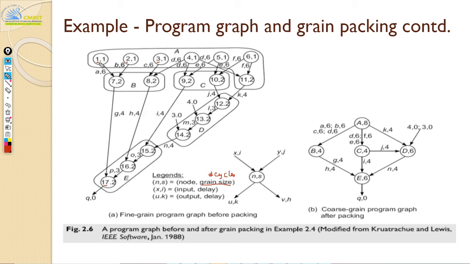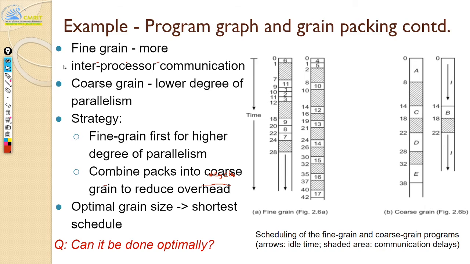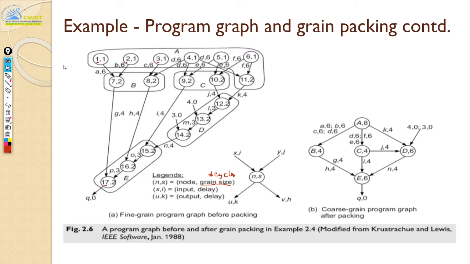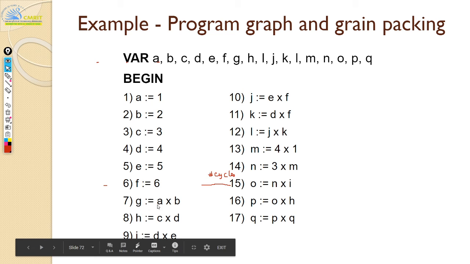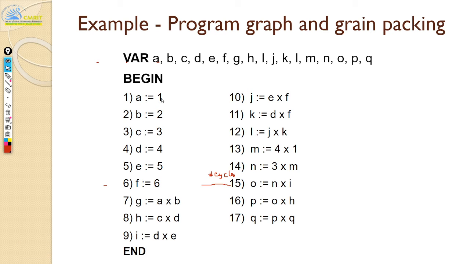We'll just take one example: 1, 2, and 7. If you take 7, it is G equals A times B. For statement 7, you are waiting for the data of A and the data of B, from 1 and 2.